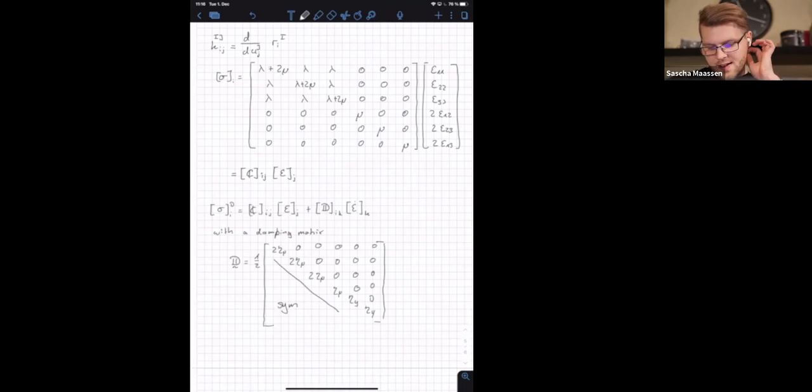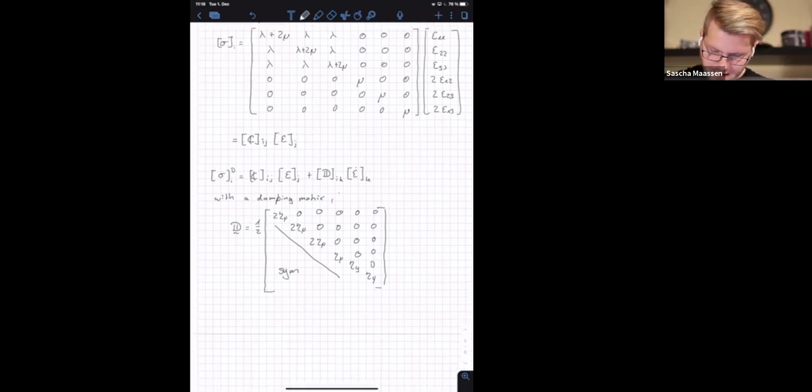Okay, so that has the same size as the constitutive tensor C introduced here above. And we introduce a material parameter, eta mu.